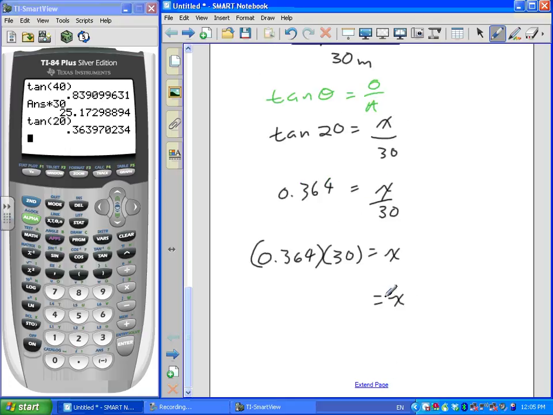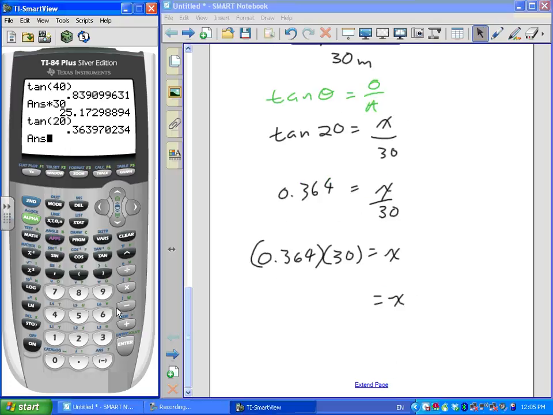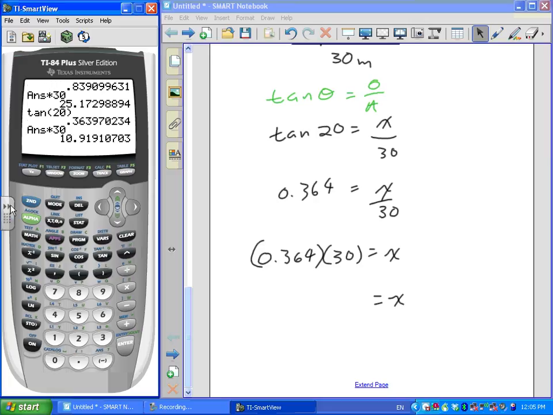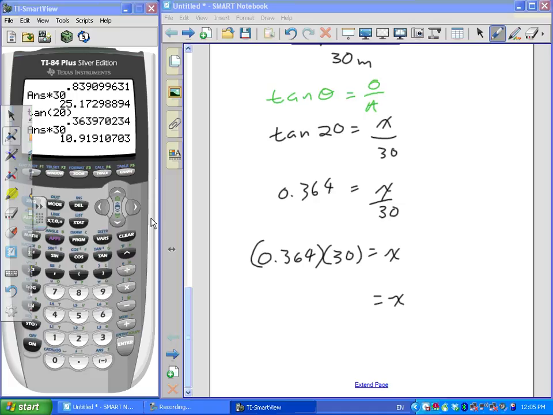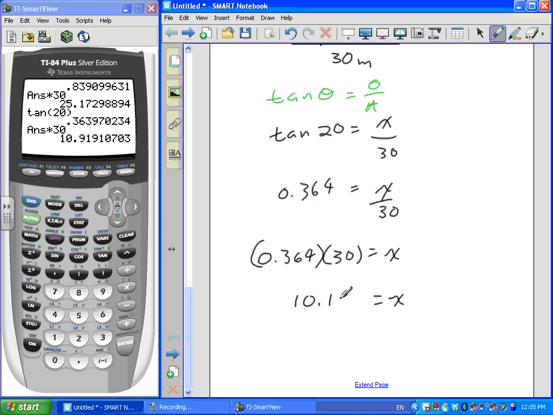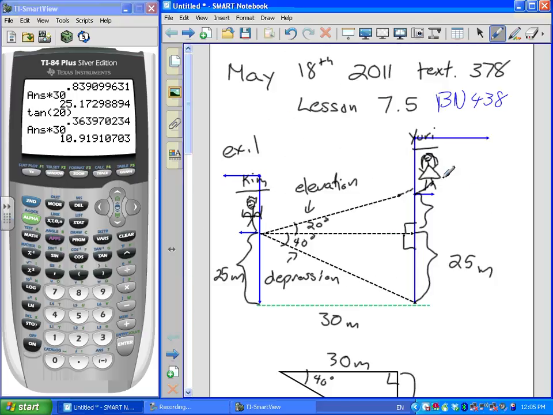X equals, I'll take my answer from before, times 30, 10.19. And again, they're asking for the nearest meter. So approximately 10 meters. So Yuri's balcony is approximately 10 meters higher than Kim's balcony, which means how high is Yuri's balcony off the ground?